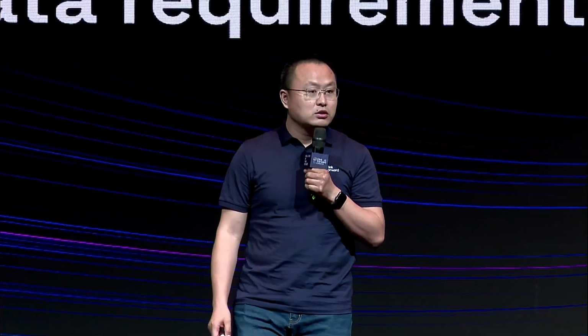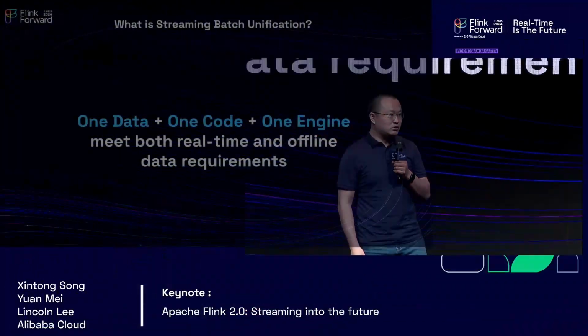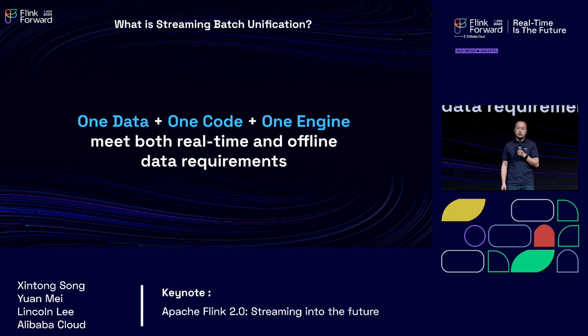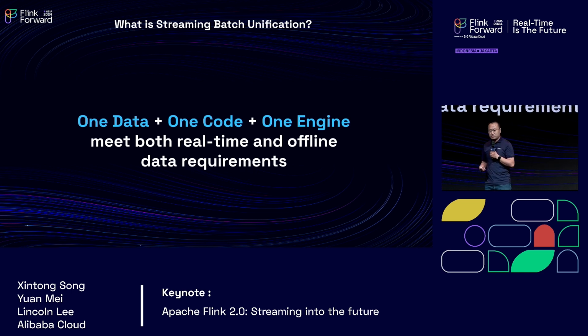Now, let's talk about the streaming batch unification. So what exactly is the stream batch unification? From a data engineering perspective, we can describe it in one sentence: storing just one set of data and writing one piece of code to meet both real-time and offline data processing needs.